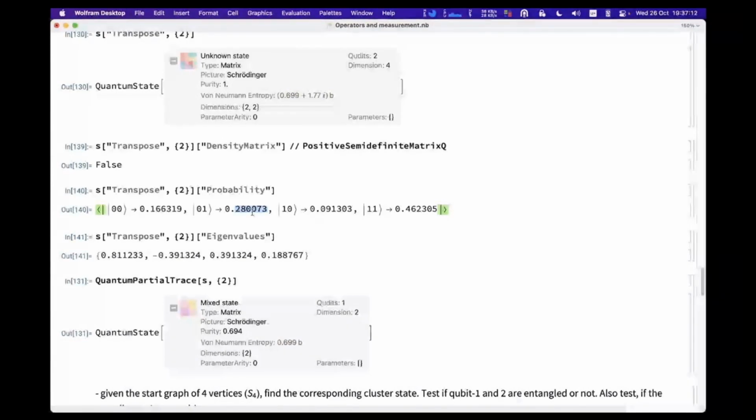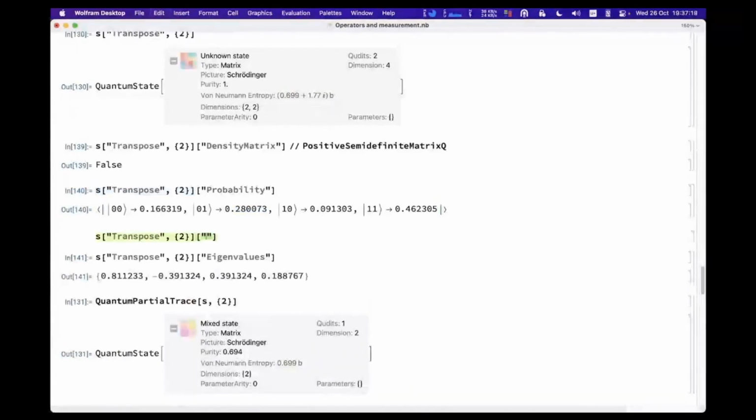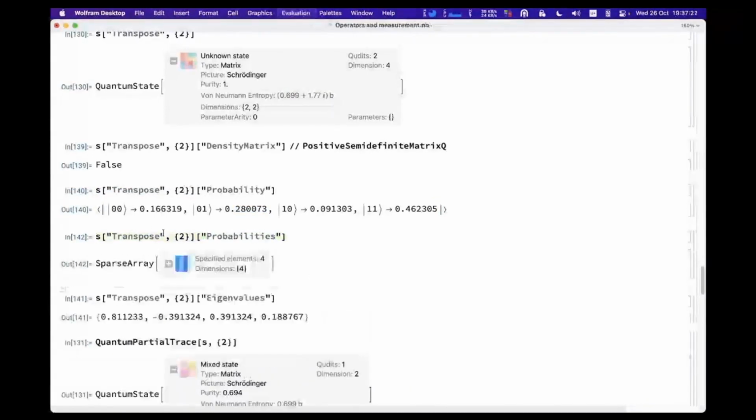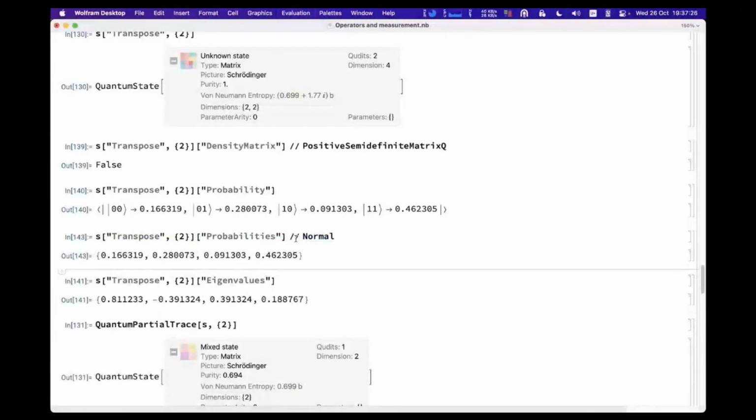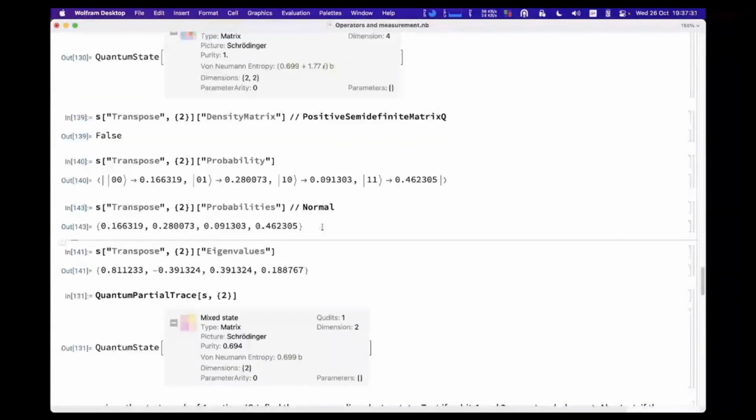I'm not sure why these probabilities are here. Are they normalized? I guess they are. Maybe after normalizing the eigenvalues, that's what you get. That's how it's computed, normalized by the total.